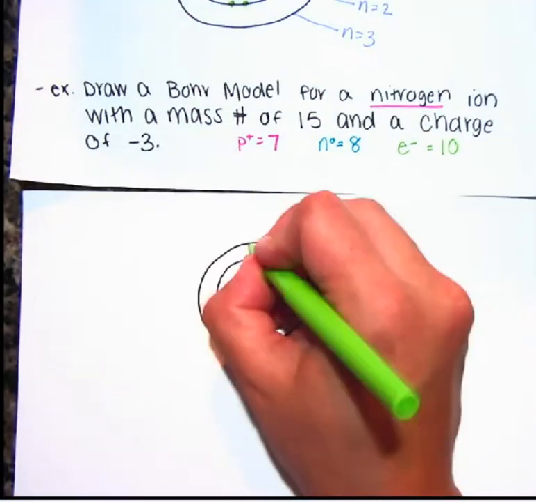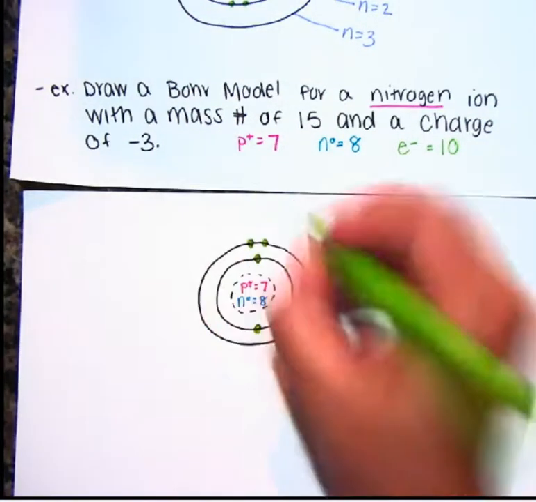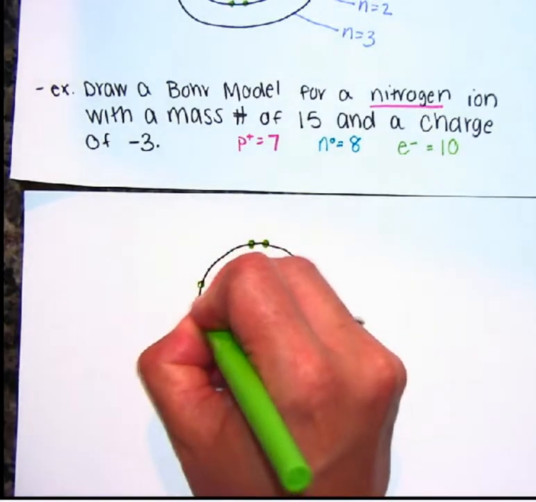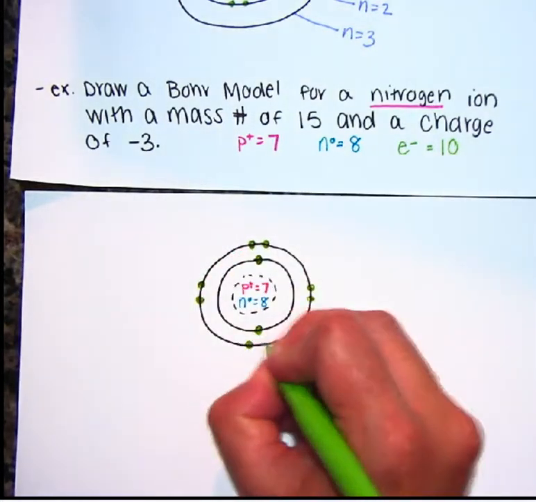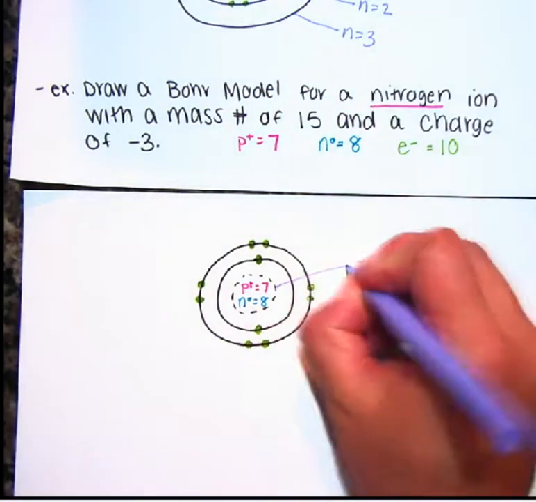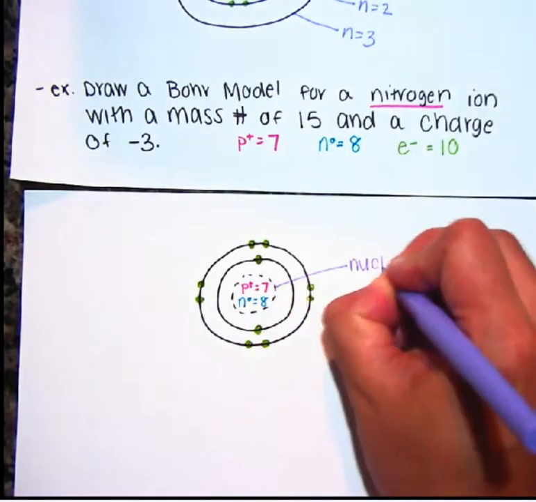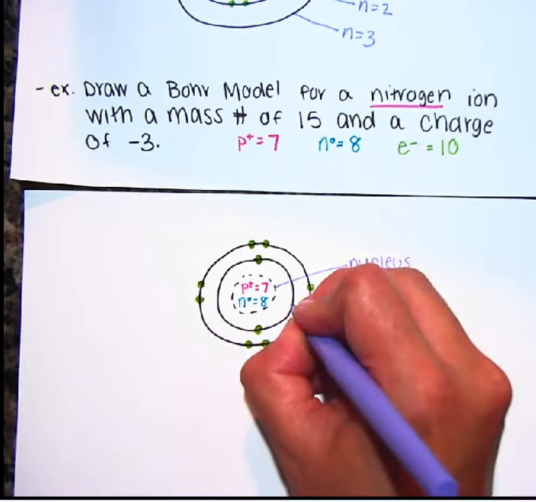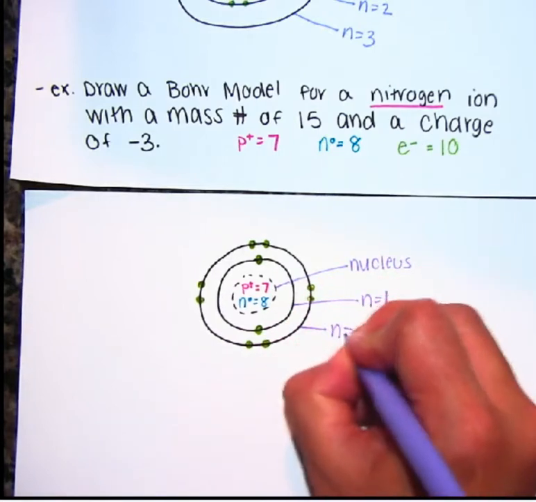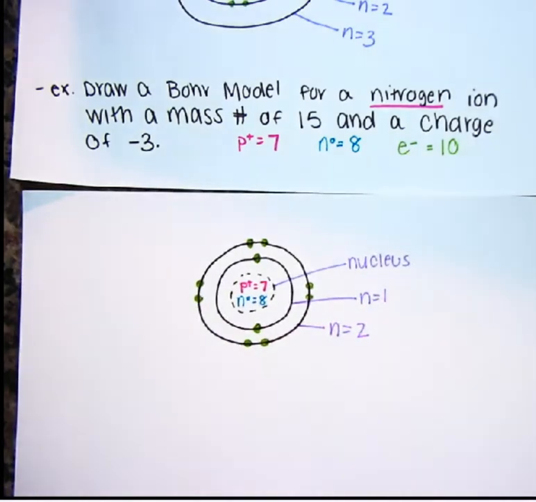So I already have 2, 3, 4, 5, 6, 7, 8, 9, 10. And again, if you were asked to label, you should be able to label the nucleus and each energy level. Last problem.